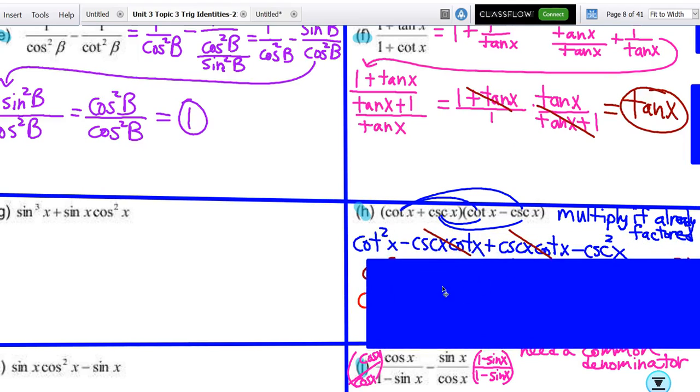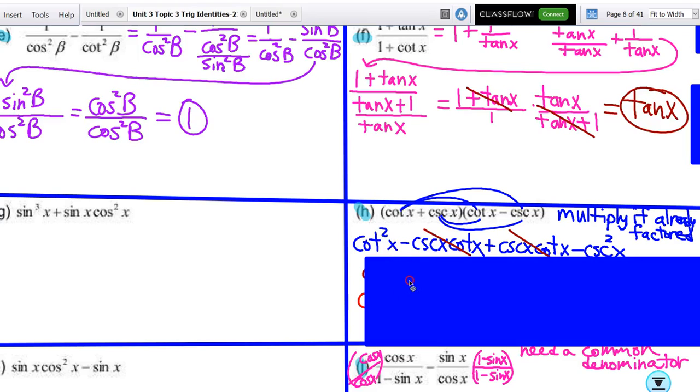When you do that, you get 4 terms. And since they are conjugates, meaning cotan x plus cosecant x is being multiplied by cotan x minus cosecant x, when that happens, there is no middle term.